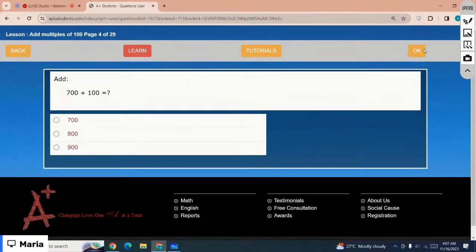Okay, the next one is 700 plus 100, so which is the correct option? The correct option is, very good, that is 800. You just have to add the non-zero values.